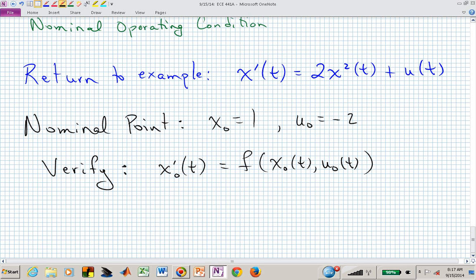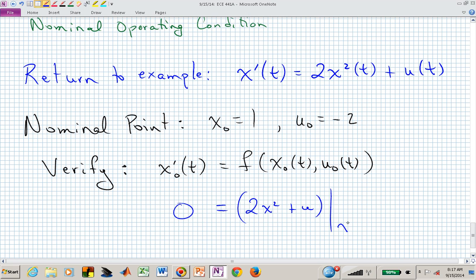If we differentiate x naught, what do we get? If I differentiate a constant with respect to time, what do I get? I get 0, don't I? Now, what if I plug in for 2x squared plus u?